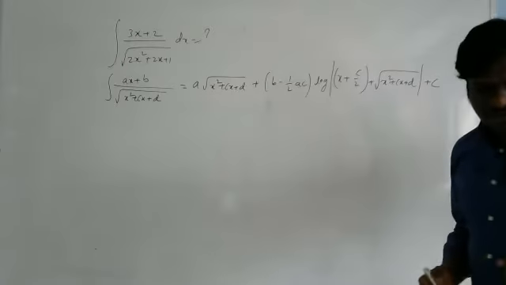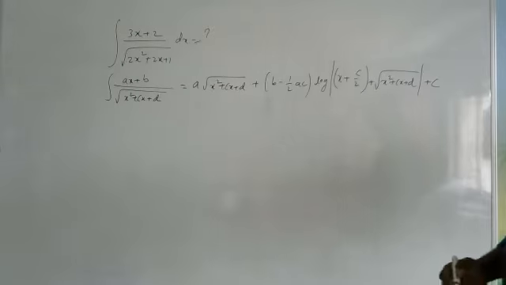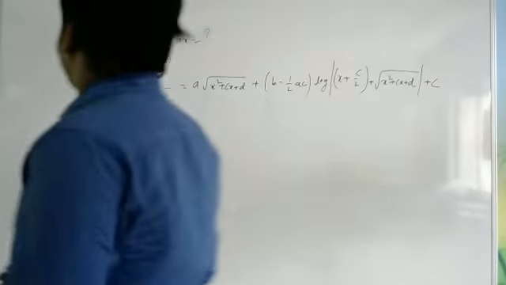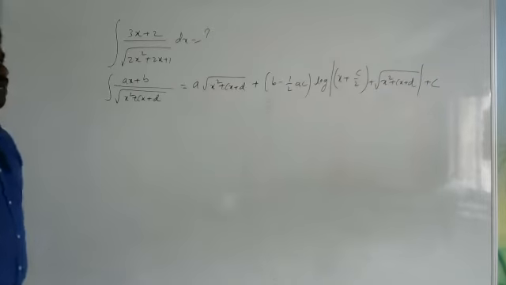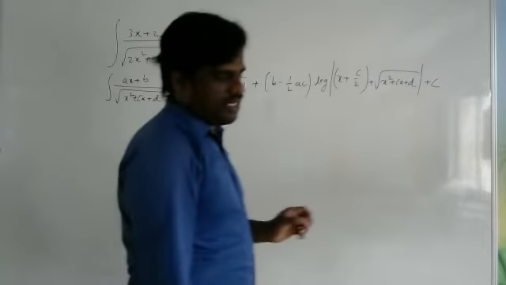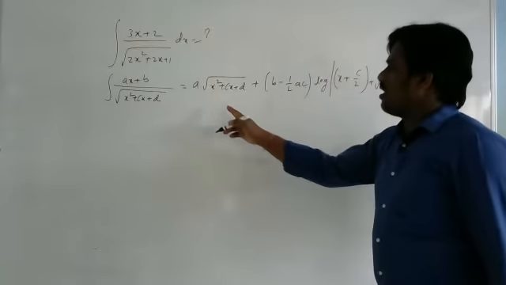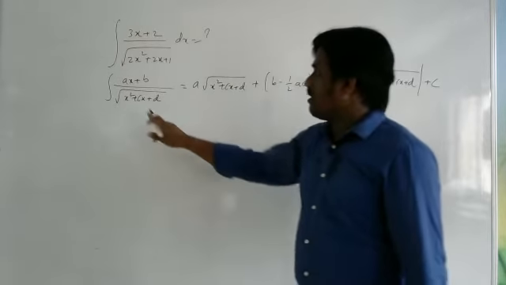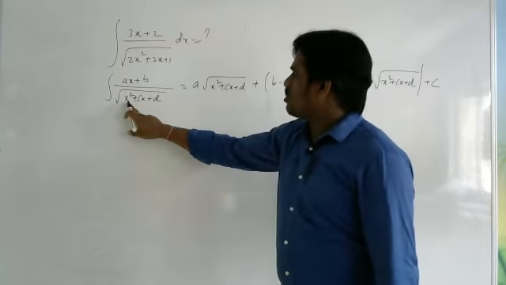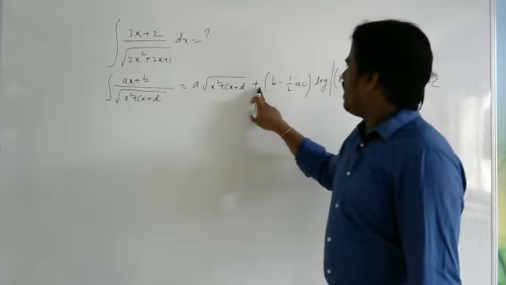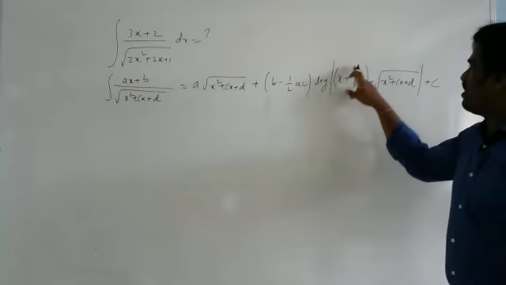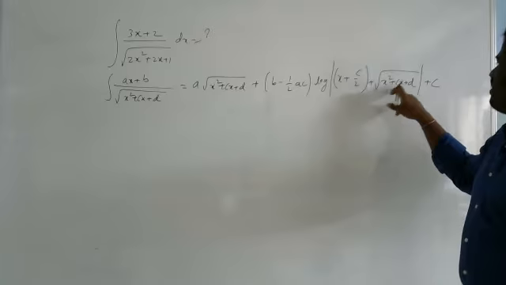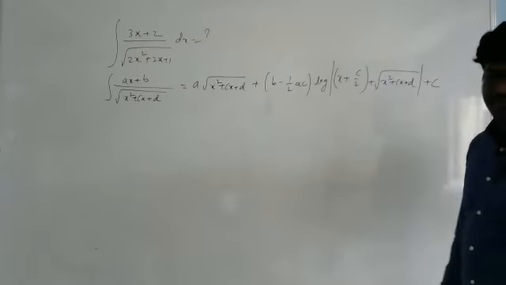Remember the formula. It's a very easy formula. Any question in the form of linear by quadratic will be solved by this formula. It's the easiest formula. How to remember: a into the square root of this one, plus (b − half ac) log of (x + c by 2 + the square root of x² + cx + d), plus c.